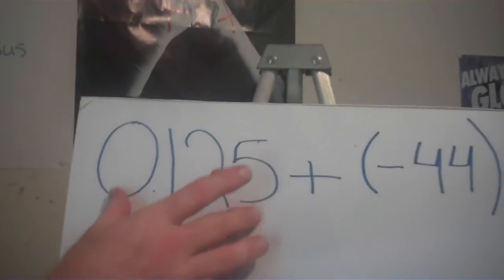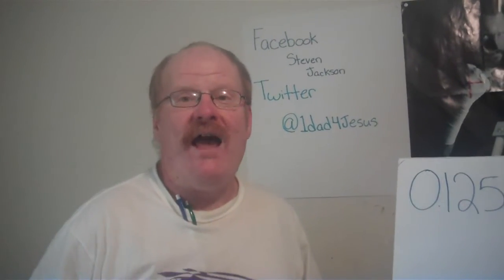That's right, we have a positive and we have a negative. So that means last game, last play, we're going to subtract. But not only do we subtract, we're going to subtract a whole number or a positive integer from a decimal, something that's between 0 and 1. We're going to take the whole and divide it up.